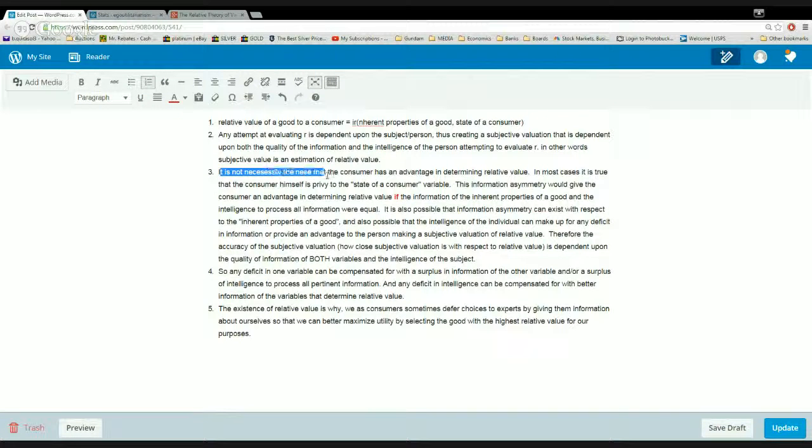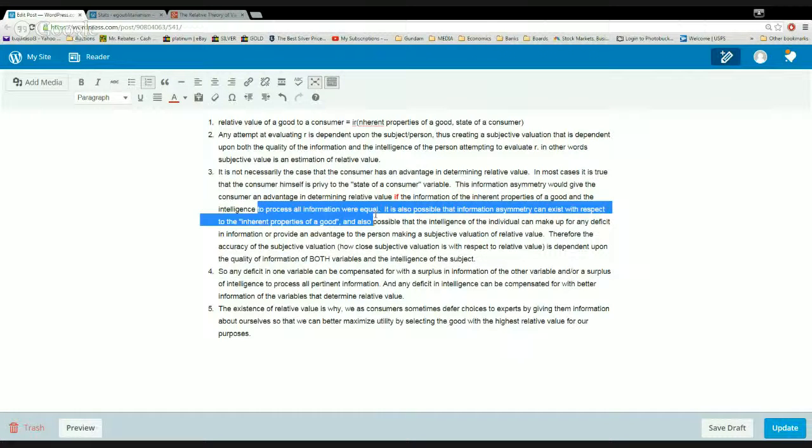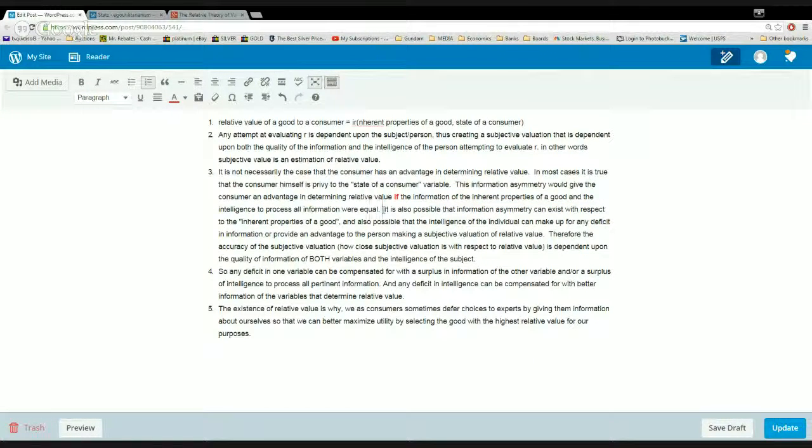It is not necessarily the case that the consumer has an advantage in determining relative value. In most cases, it is true that the consumer himself is privy to the state of the consumer variable. This information asymmetry would give the consumer an advantage in determining relative value if the information of the inherent properties of the good and intelligence to process all information were equal among other possible evaluators.